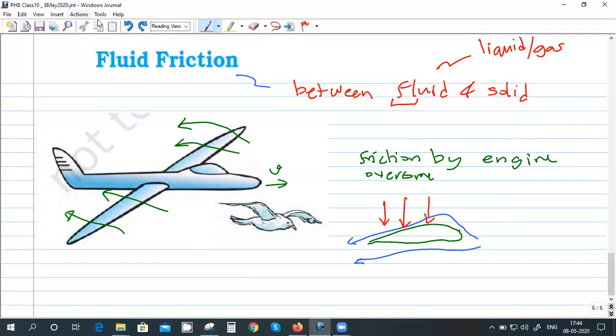So the pressure on the top is less and the pressure at the bottom is more. Let me tell you: more force means a longer arrow.